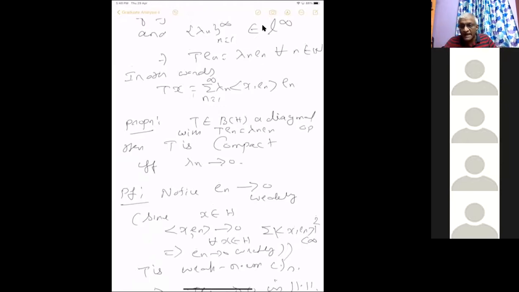Of course, if T is diagonal, it's automatically normal. So the spectral theorem can hold only for normal operators. So if T is a compact normal operator, then there exists an orthonormal basis of eigenvectors, with eigenvalues lambda n, and lambda n goes to 0. That's what we want.